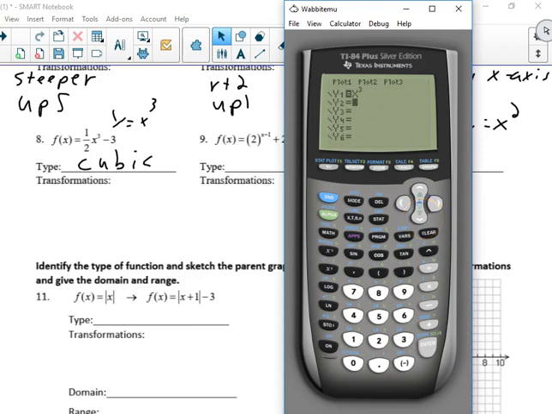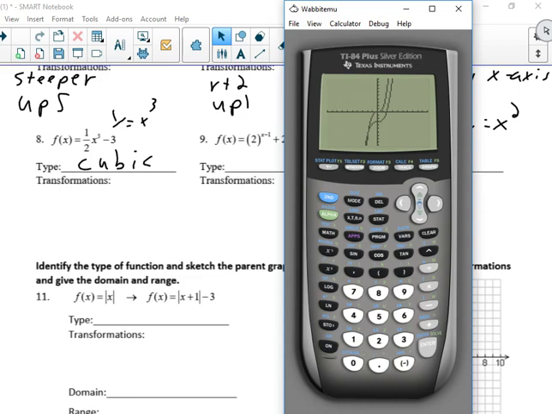Now, I want to put in 1/2. I can put 1 divided by 2. x to the third power. Remember to come back down. And then do minus 3. Hopefully you know that minus 3 is going to move it down. So here's my snake.